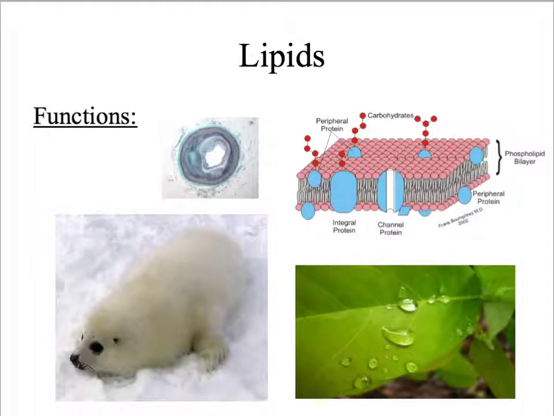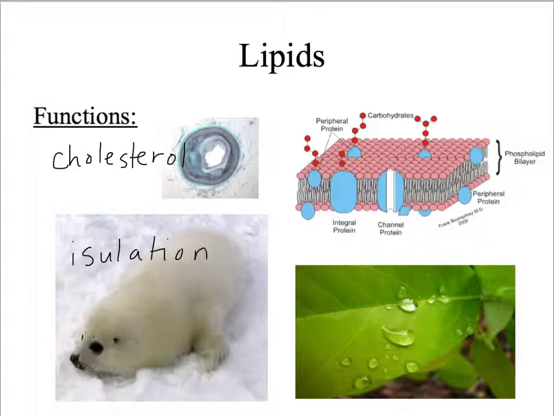Functions of lipids. Again, because they're a diverse group, they have lots of different functions. Cholesterol can be found in your arteries. Remember I said that was a lipid. Some fats are on your body for insulation, for heat. Also for protection, just like this cute little seal here.